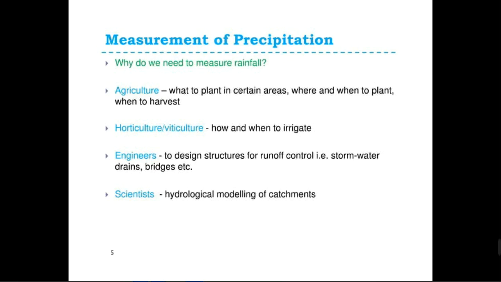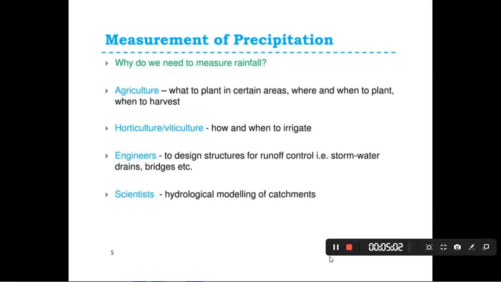Horticulture and viticulture: how and when to irrigate. Engineers design structures for runoff control, stormwater drains, bridges, etc. Scientists do hydrological modeling of catchments.